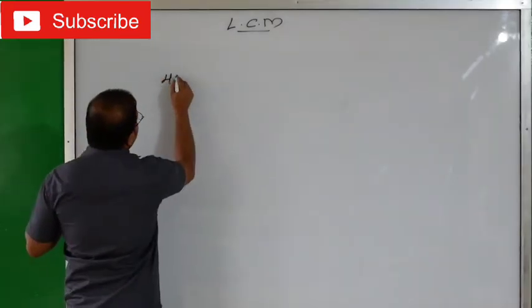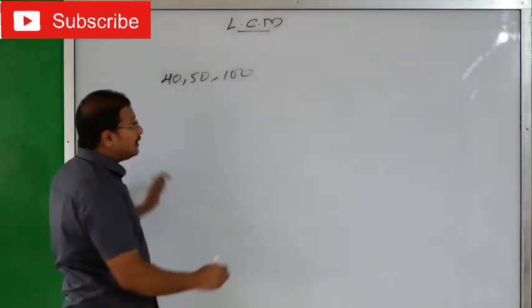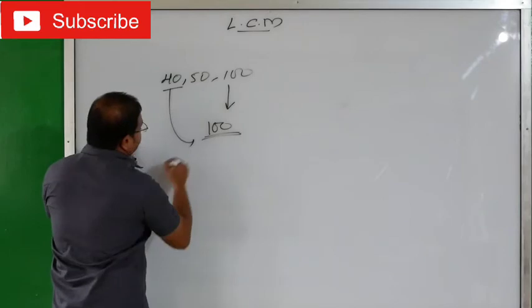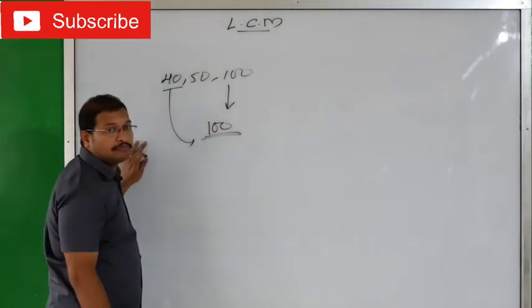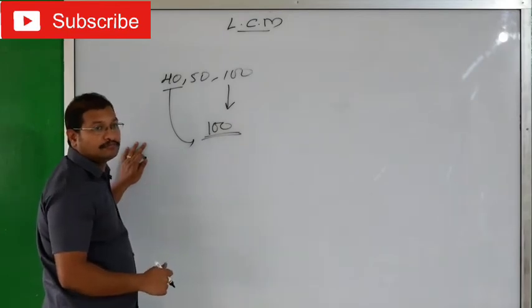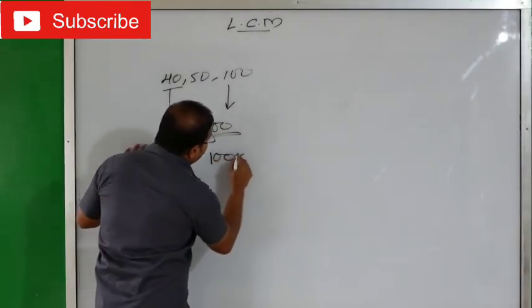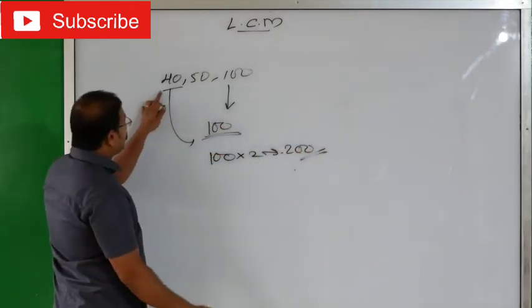Next: 40, 50 and 100. The bigger number is 100. But of course when you check it by 40, a remainder will be there. That means you can't divide it by 40. So what will you do? 100 into 2, the next multiple, means 200. Let's see by 40 now.